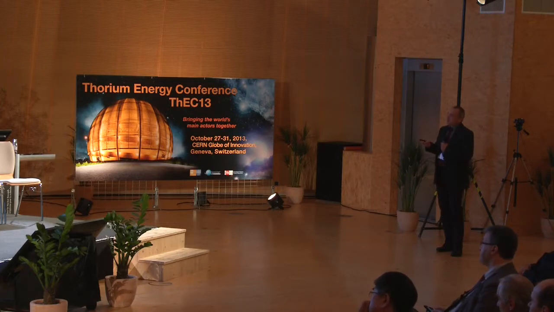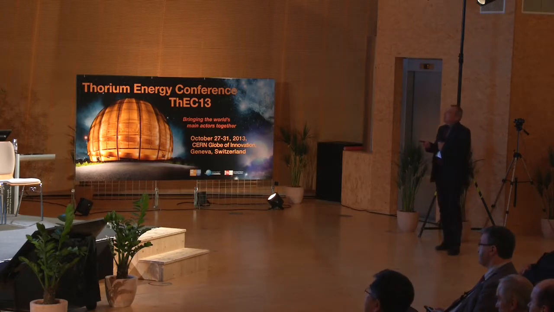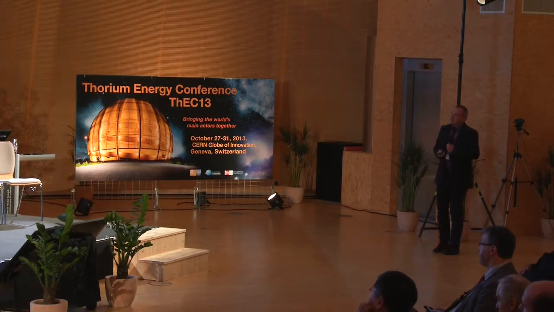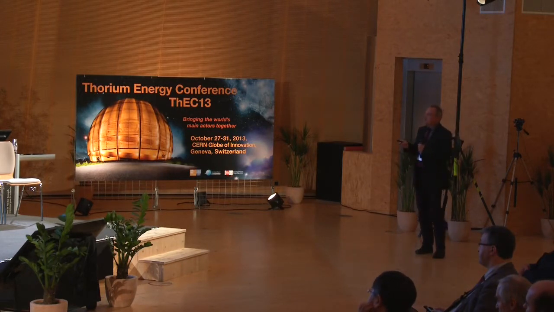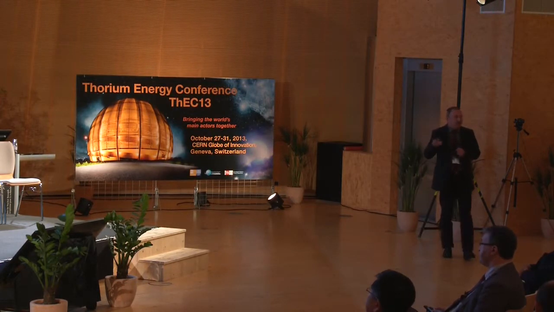SNS in the US has just reached a power of 1.2 megawatt, but typically they run below 1 megawatt in order to get a better lifetime for their liquid metal target. Then rapid cycling synchrotron is used in the JPark facility with a design power of 1 megawatt. At the moment they have reached 300 kilowatt. And FFHE, there's only realizations today with very low beam power, so I didn't quote it here.